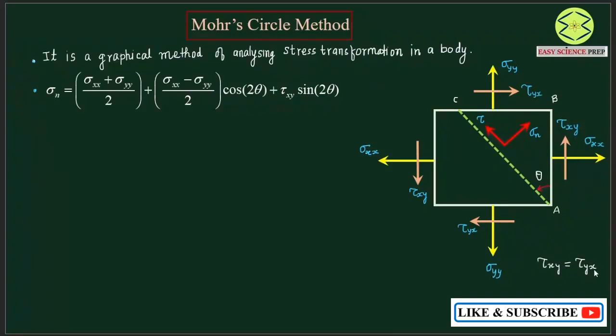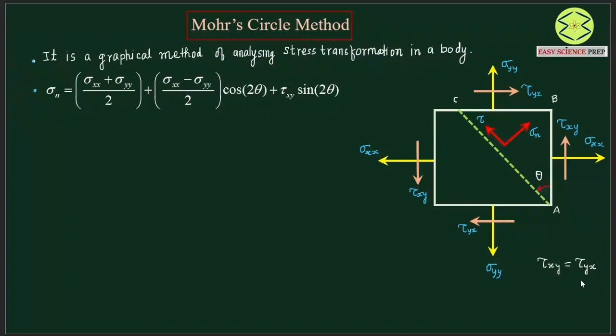Their magnitudes are equal, only their directions are opposite. Tau xy represents the anti-clockwise shear, while tau yx represents the clockwise shear. So tau xy is going to rotate the body in the anti-clockwise sense, while tau yx is going to rotate the body in the clockwise sense.